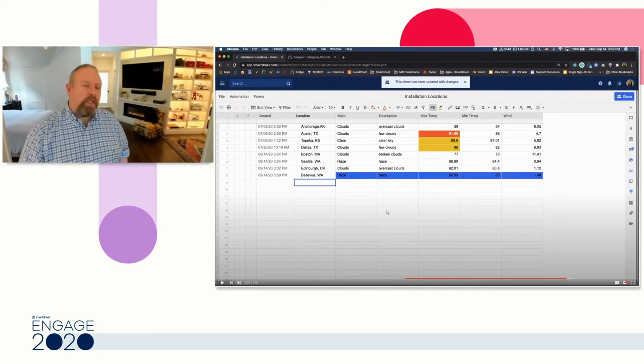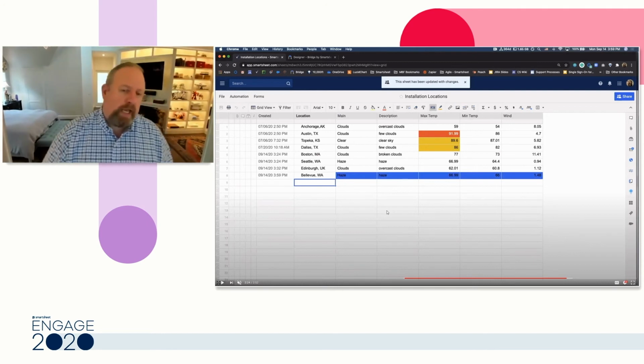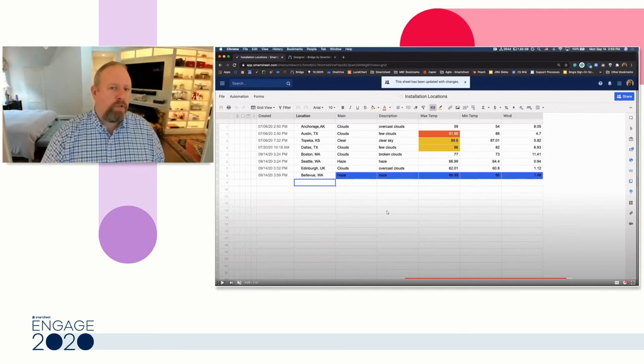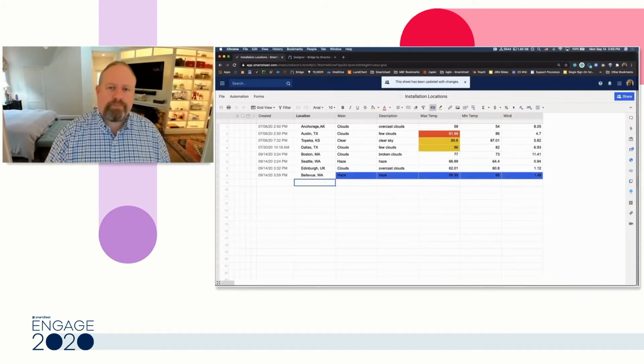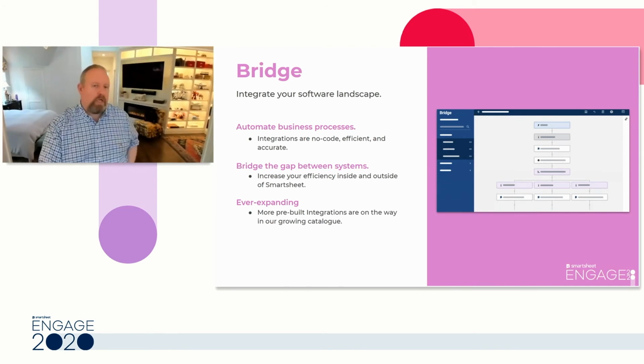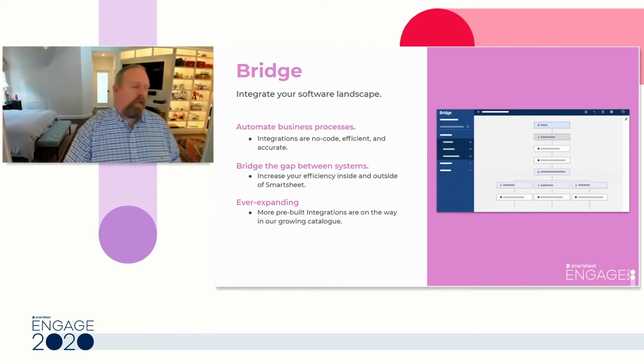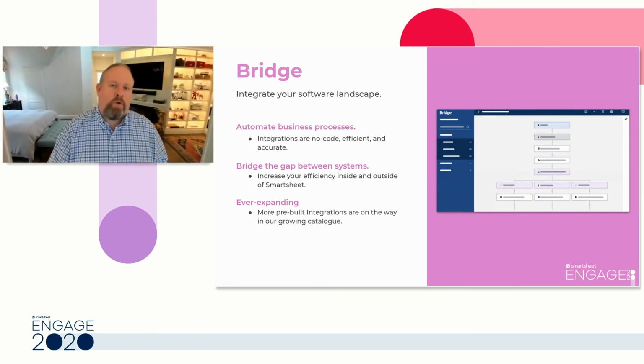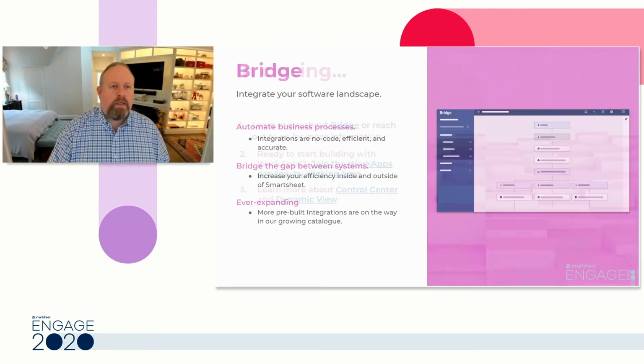We're kind of going big with it here at Engage, and we're really excited to see what you're going to be able to build with this new capability. So that's Bridge. Super exciting new product, and I can't wait to see what you're going to do with it.